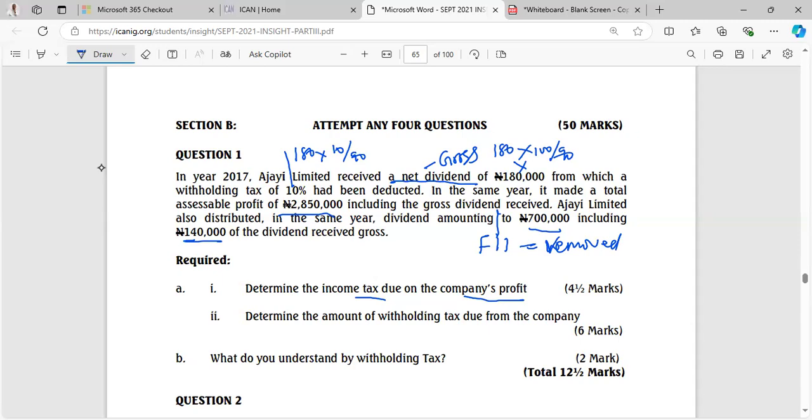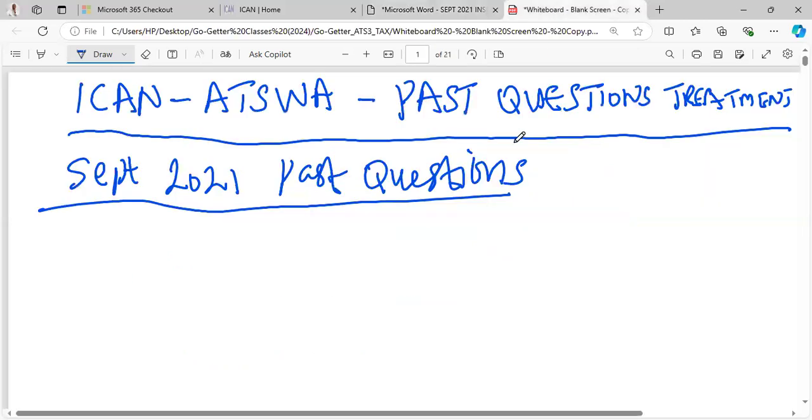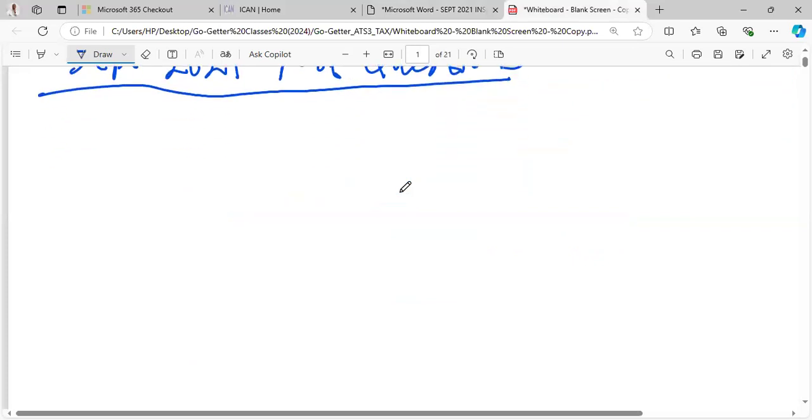So we need to remove the withholding tax from this amount to see the withholding tax due from the company. So now let's look at the first one, determine the income tax due on the company's profit. So let's start right away.